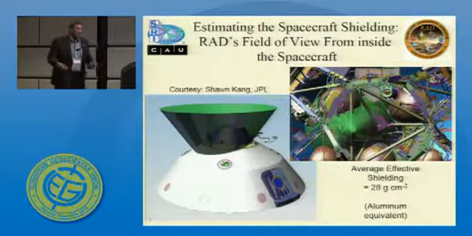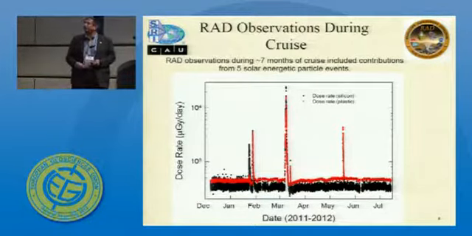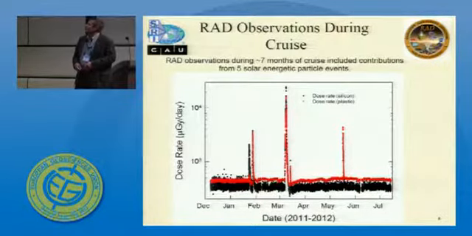And during cruise, we basically have this relatively stable galactic cosmic ray background, very high energy, mostly penetrating particles, but then data from 5 episodic solar particle events, which were actually quite large. 2 of them were X-class flares, and the other 3 were M-class flares, which was fortunate for us because we were able to characterize what the radiation through this shielding would be for these different types of radiation.